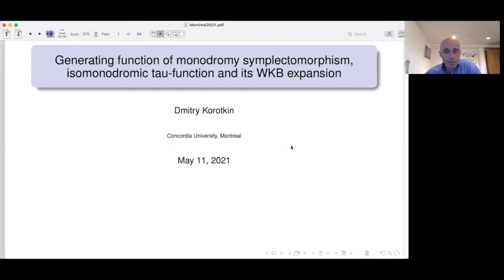For that, the guiding principle for us was to use the symplectomorphism, a term which seems a bit surprising, but the monodromy map for a Fuchsian equation is symplectic. Such a map admits a generating function, and the idea was to try to identify it with the isomonodromic tau function, including dependence on monodromy variables. So that's the rough idea.